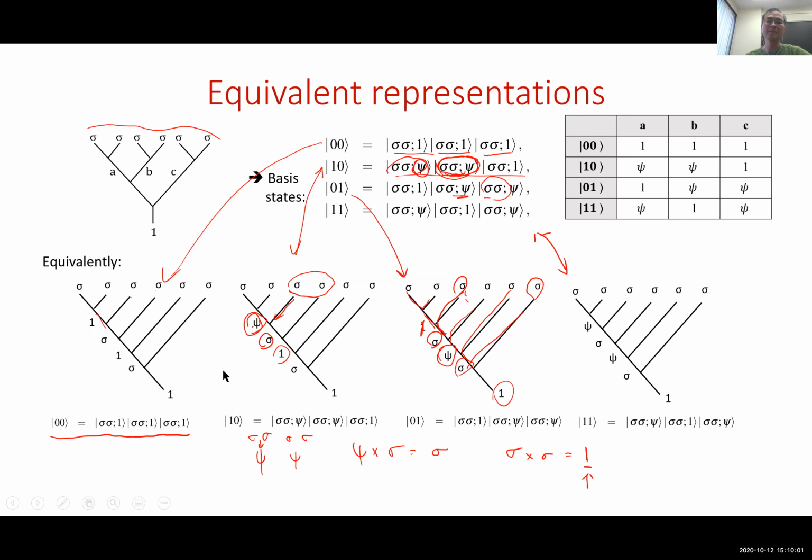Okay, it may require looking at again and working through this yourself. You'll realize when you have a sigma, it's sort of flipped because it has to at the end fuse to 1. But if you have a psi and psi, it should fuse to identity.